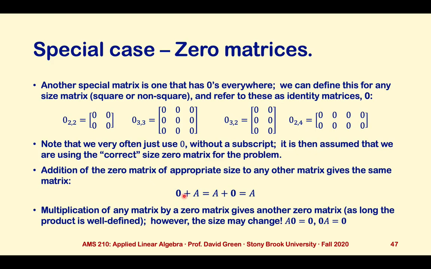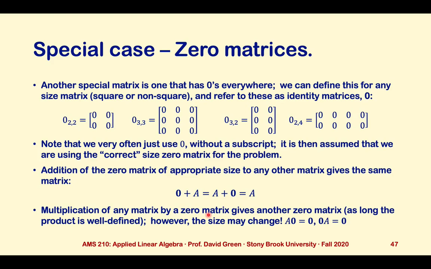As long as the matrix is the right size so that addition makes sense, addition of the zero matrix to any matrix doesn't change that matrix. We might say that the zero matrix is the additive identity, in the same way that the number zero we can add to any scalar without changing it. Just as we can multiply the scalar 0 by a scalar and we always get 0 as an answer, if we multiply any matrix by a zero matrix, we'll get a zero matrix.